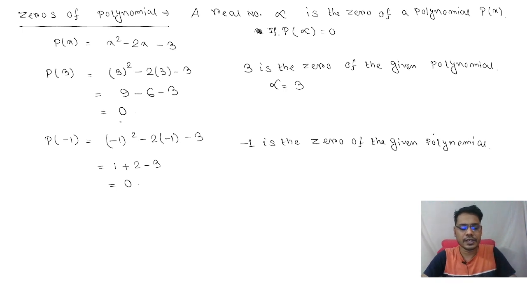If you put the value minus 1, you will get 0. That means it is the zero of the polynomial.